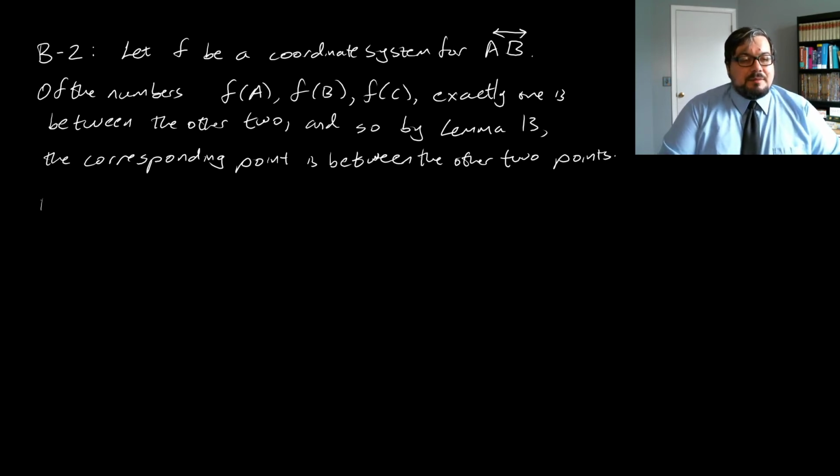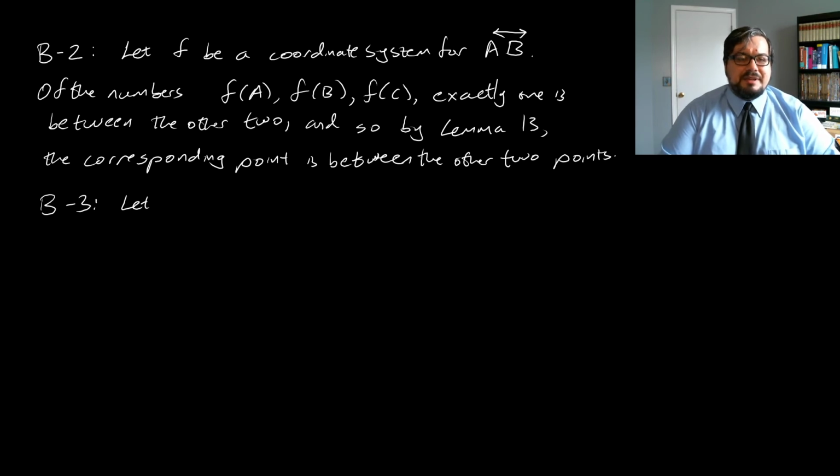B3 does something similar. So we can let, I don't want to label them A, B, C, D because B3 says that we can relabel them that way to get the betweenness relation we want. So let's let P, Q, R, S be 4 collinear points.